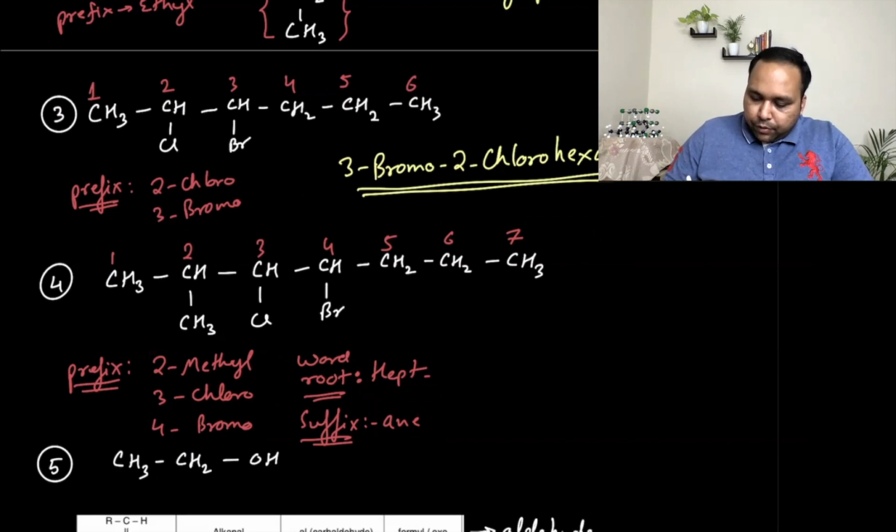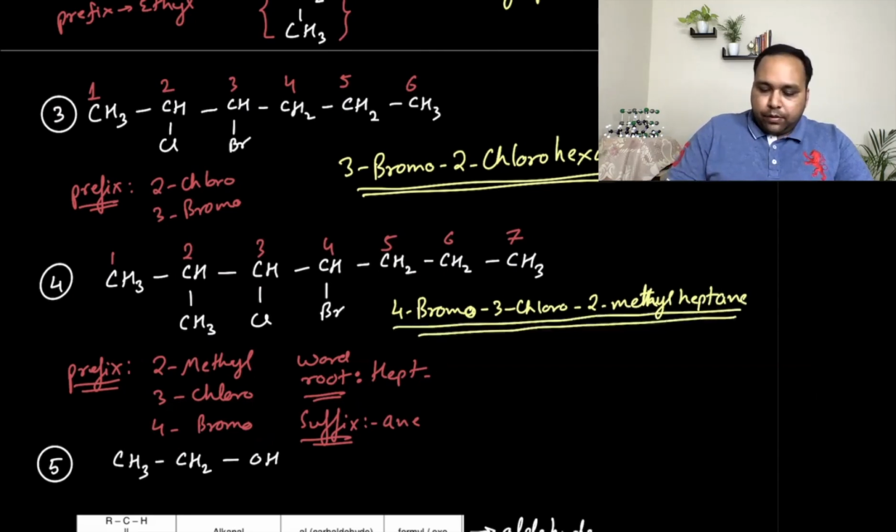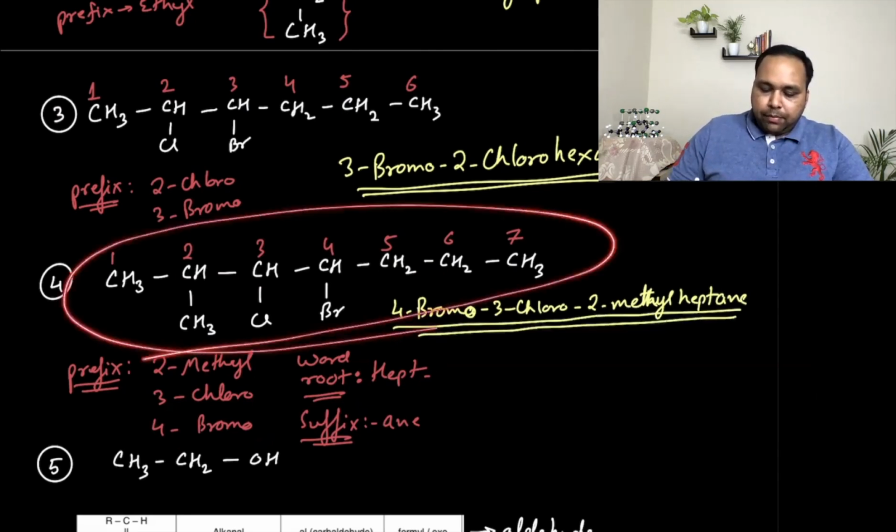You have 4 bromo, then you have 3 chloro, then you have 2 methyl, and heptane. 4 bromo 3 chloro 2 methyl heptane becomes the name of our organic compound.